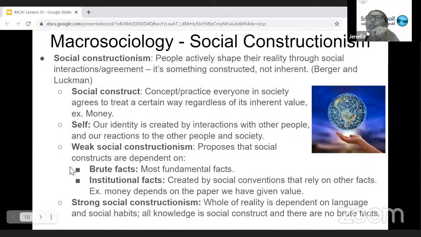I guess one criticism towards this theory was that social constructionism doesn't quite address the natural phenomena that would probably be seen through these brute facts. But because, for strong social constructionism, it's not dependent on brute facts, that's why that was one of the criticisms for this theory.